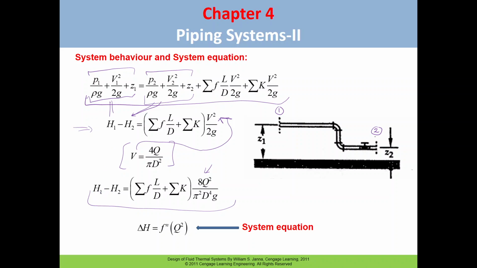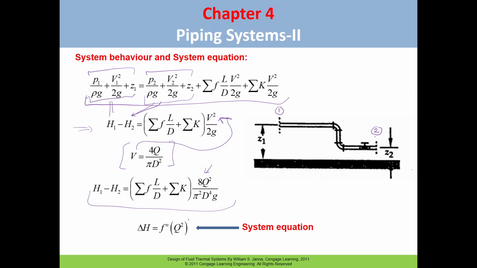This head difference we call the total head, and the total head difference from section 1 to 2 can be written in terms of the friction losses and the minor losses, which comes out to be in terms of the flow rate, diameter, length, friction factor, and the minor loss coefficients.